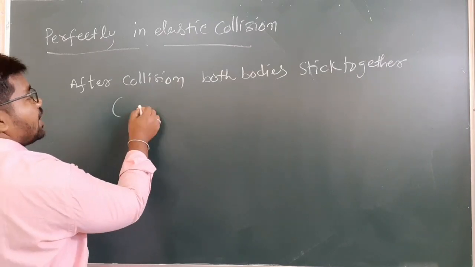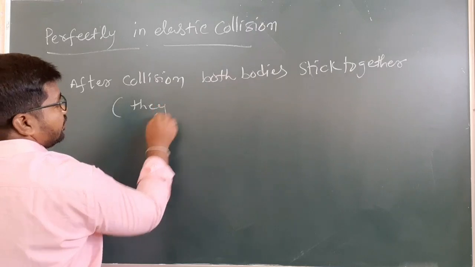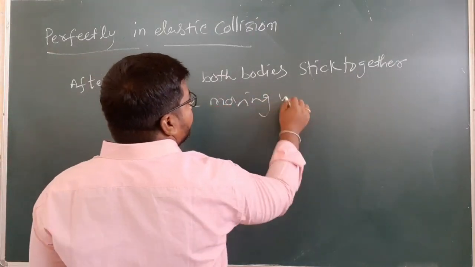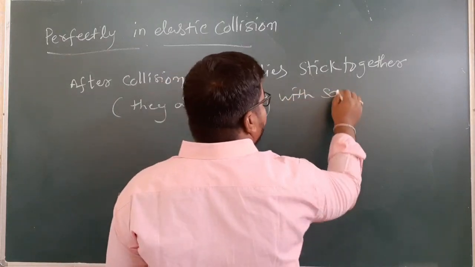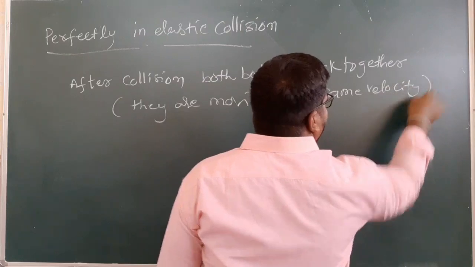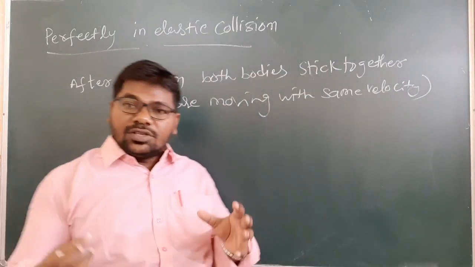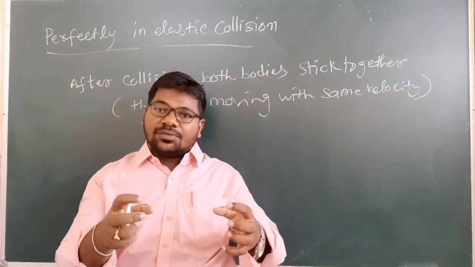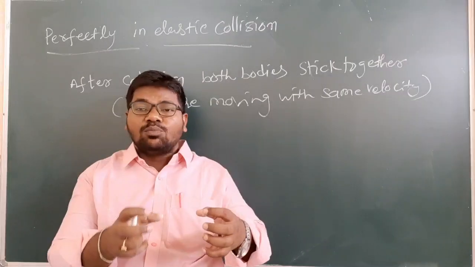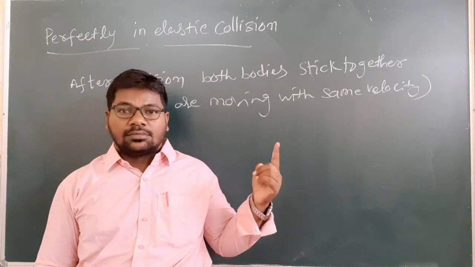After collision they are moving with the same velocity. Understand, my children? So if two bodies are colliding, after that these two bodies are moving with the same velocity.